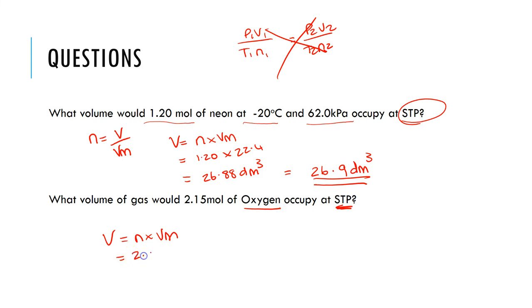So I get 2.15 multiplied by 22.4 equals 48.16 decimeters cubed. In this case, taking it to 3 significant figures again, 48.16, well, that's going to round up, 48.2 decimeters cubed. Final answer.